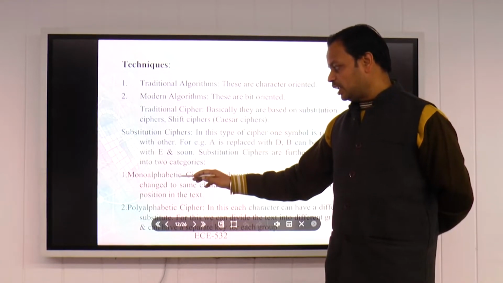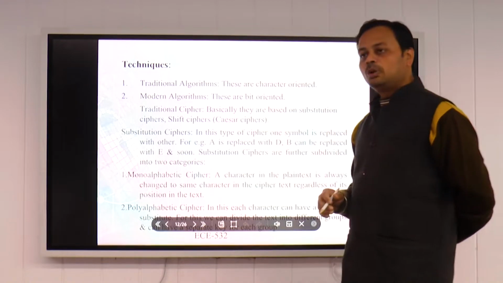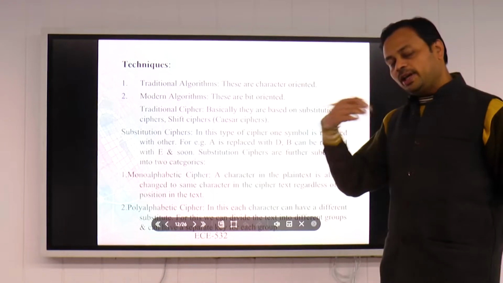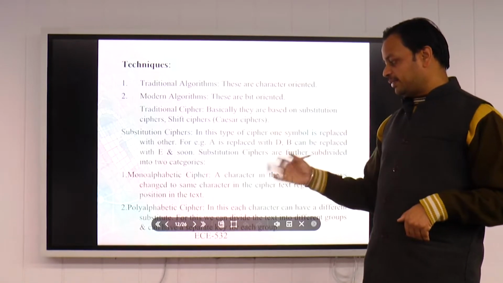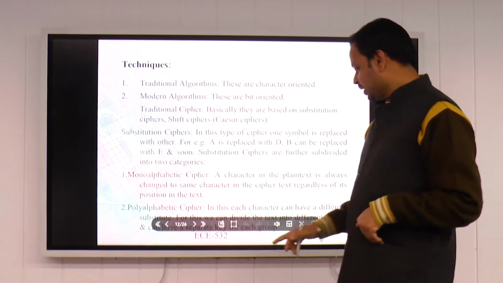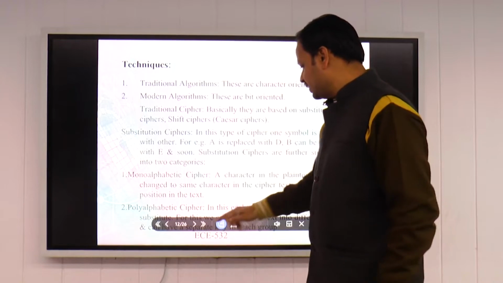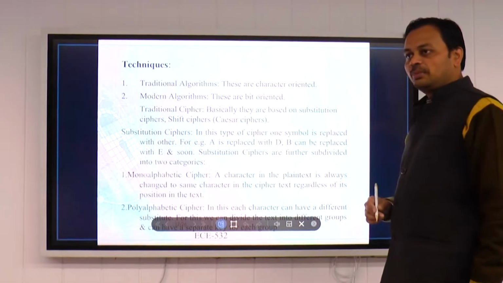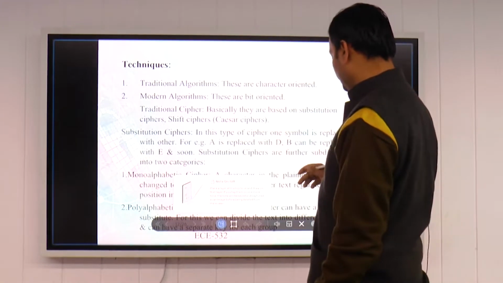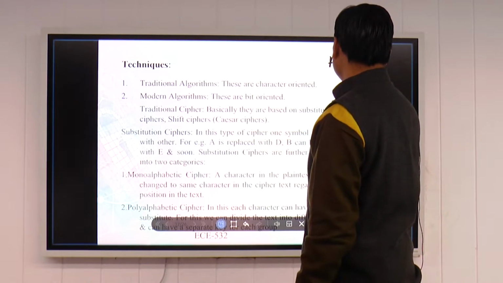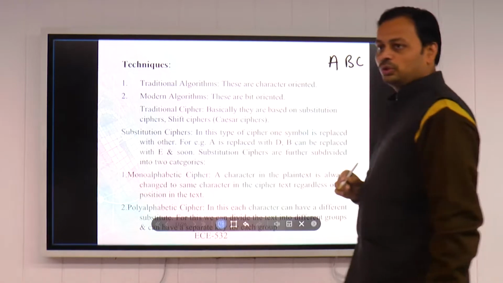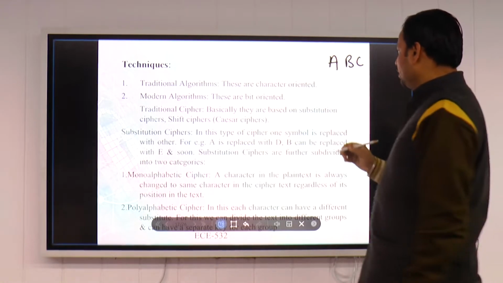Now in this there are two techniques. One is monoalphabetic, the other is polyalphabetic. If the key remains the same for all, then that is monoalphabetic, otherwise it is polyalphabetic. I'll give you an example to understand the difference. Say for example, A, B, C is the plain text which we want to convert into ciphertext.